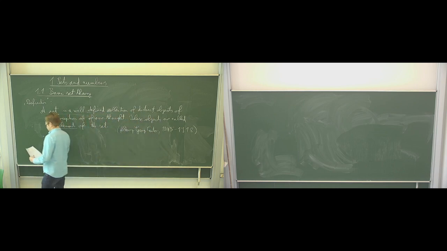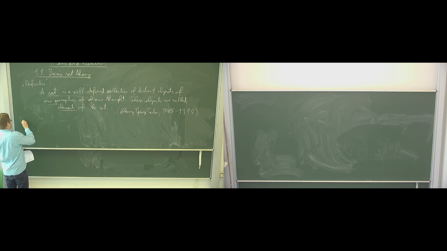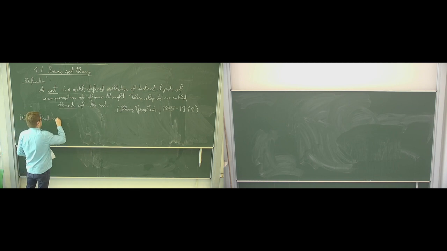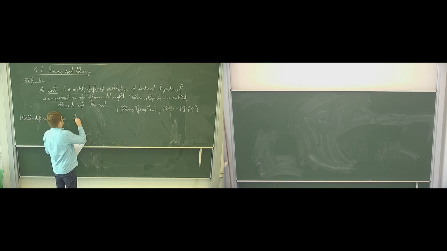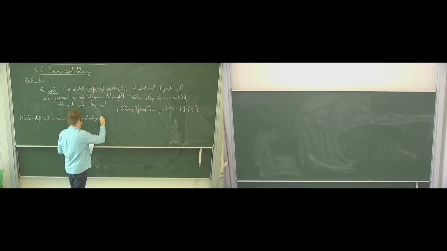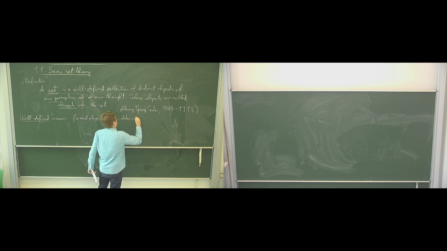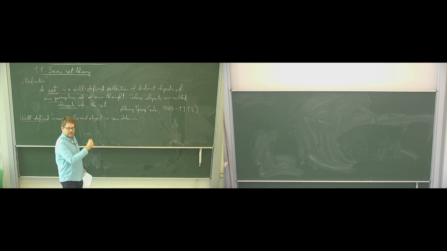What does this mean? Well-defined. This means if I have some object of thought, speaking in a very abstract general way, for each object of thought or perception, we can determine and uniquely determine if this is an element of the set or not.